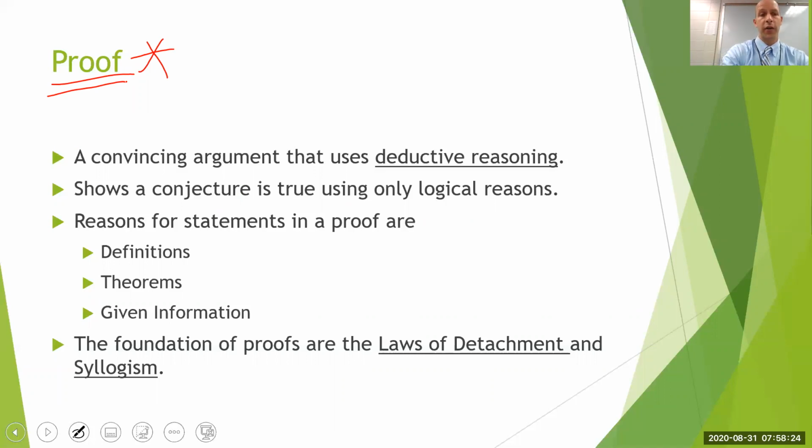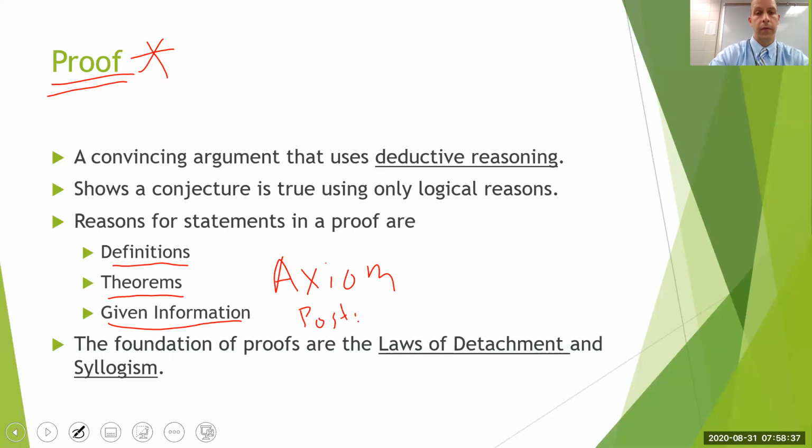Deductive reasoning is when you're using things like definitions, theorems, given information. I guess another one I could add in here is axioms, things that we assume true, postulates. That might be another one to put in here. A proof shows that a conjecture is true using only logical reasons. In other words, we don't just say because, we give the reasons why.